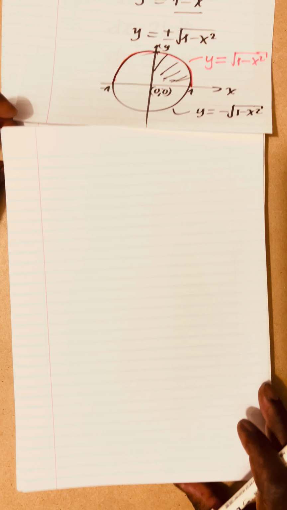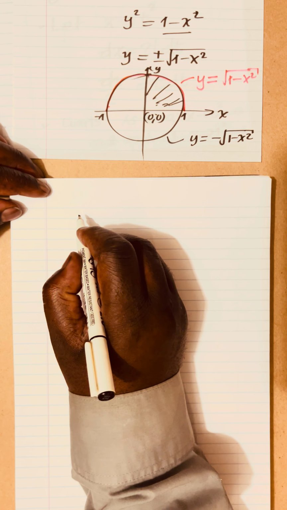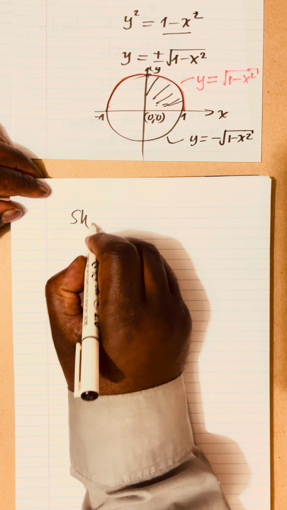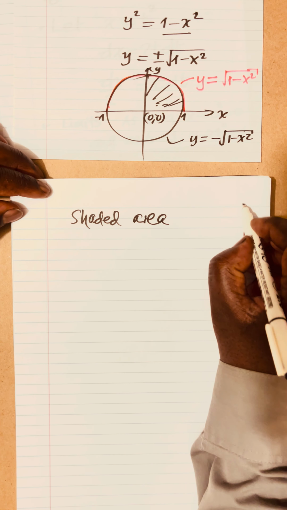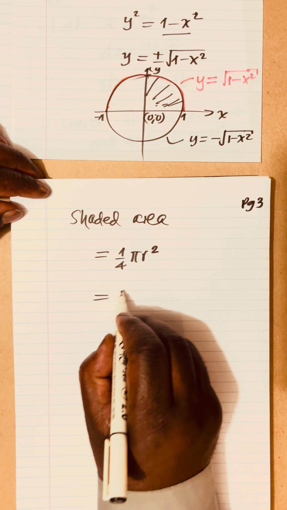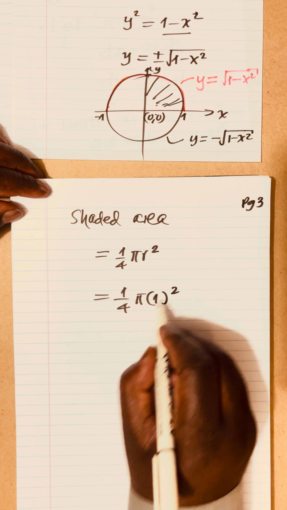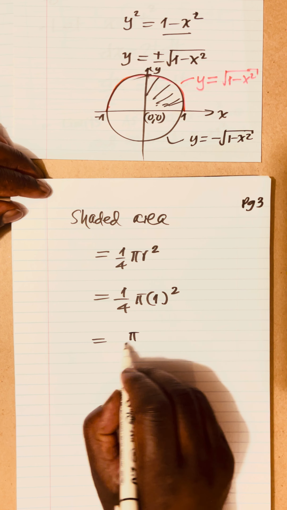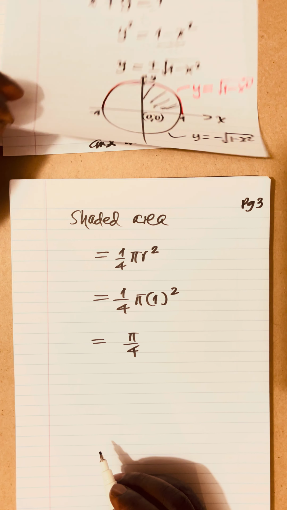So area of that quarter circle, you agree with me that we're simply going to say shaded area, page 3, is just going to be equal to a quarter of pi r squared. Remember, radius is 1. We square it, and the answer is pi over 4. Now we bring pi over 4 in that space, and then we're done.